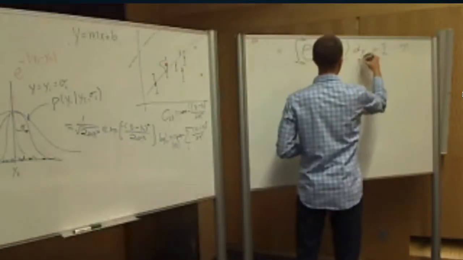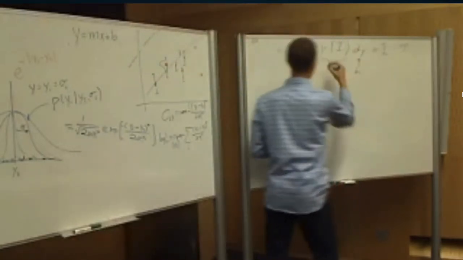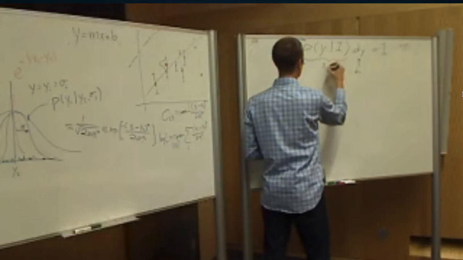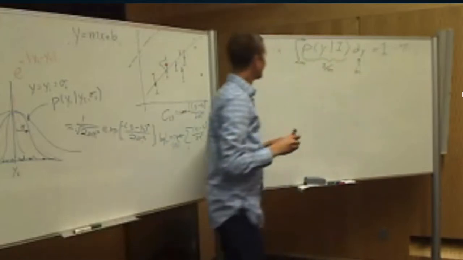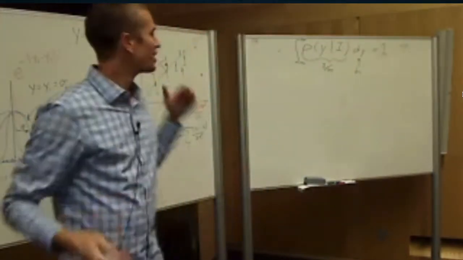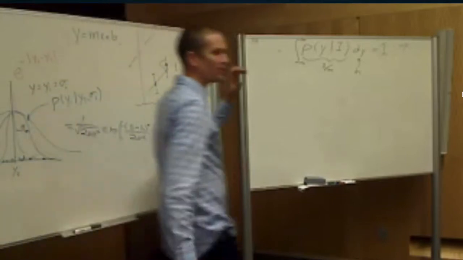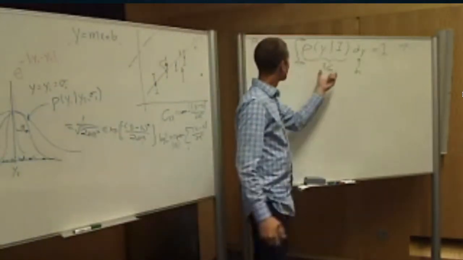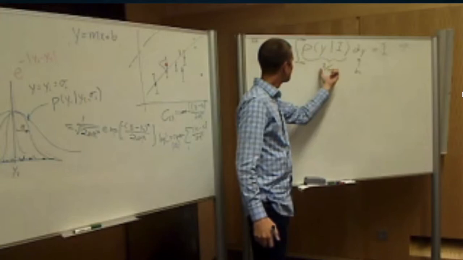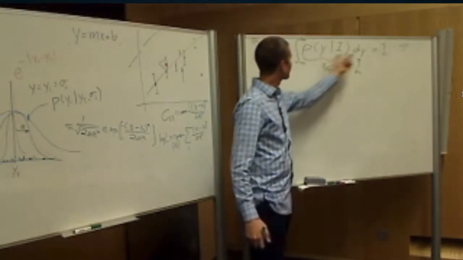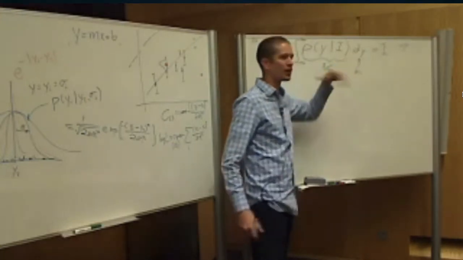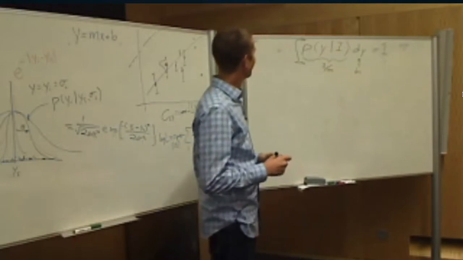So if this is say meters, then the probability is 1 over meters. And this generally holds. If you're looking at probability densities, they have units that are the reciprocal of whatever that variable is.